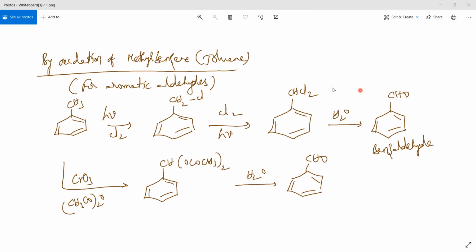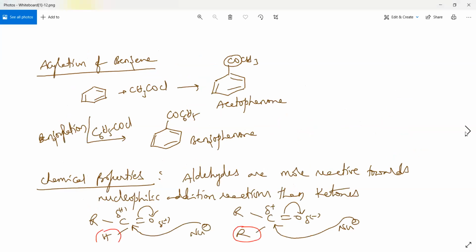Then finally the CHCl2 on hydrolysis gives CHO. This is the chromyl chloride test. Next, acetylation of benzene. Benzene on acetylation gives you ketone.